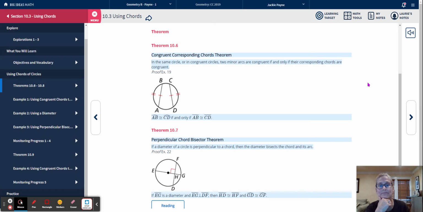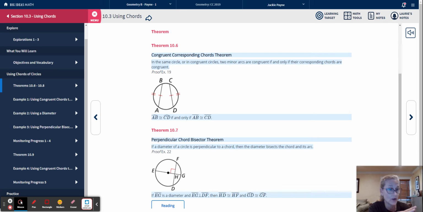So here's our first theorem, 10.6. In the same circle, or in congruent circles, 2 minor arcs are congruent if and only if their corresponding chords are congruent. So arc AB is congruent to arc CD if and only if chord AB is congruent to chord CD.